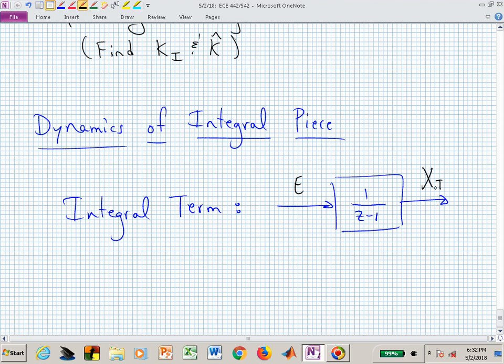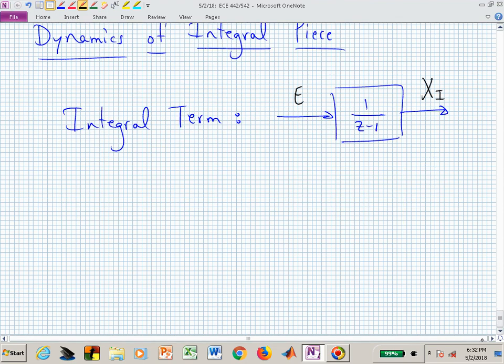And we've already called the output of that the integral state. Let's just call it capital X sub I, because we're in the frequency domain. Now what do we do? We've now labeled it. We're looking to find a difference equation. What's another step in this process?